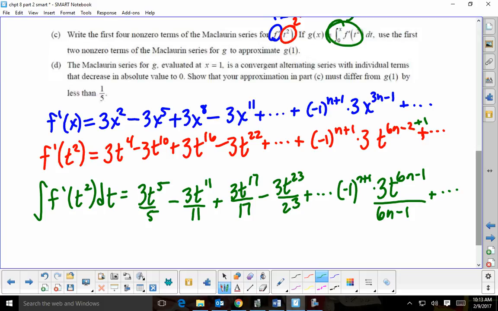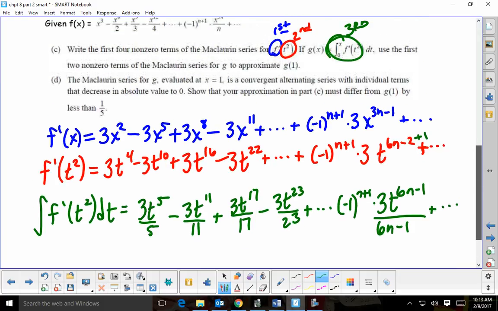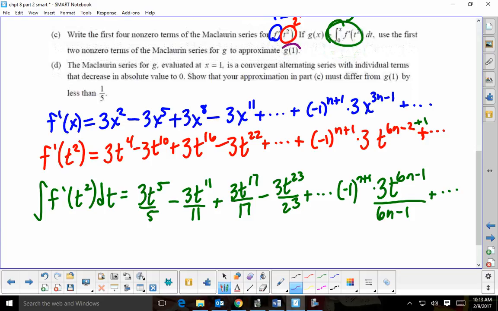We didn't have to do that for this problem, but it's practice, like I said. And then it says, use the first two non-zero terms to approximate g of 1. So then my last step, we'll do it in purple, g of 1 is going to be approximately what?